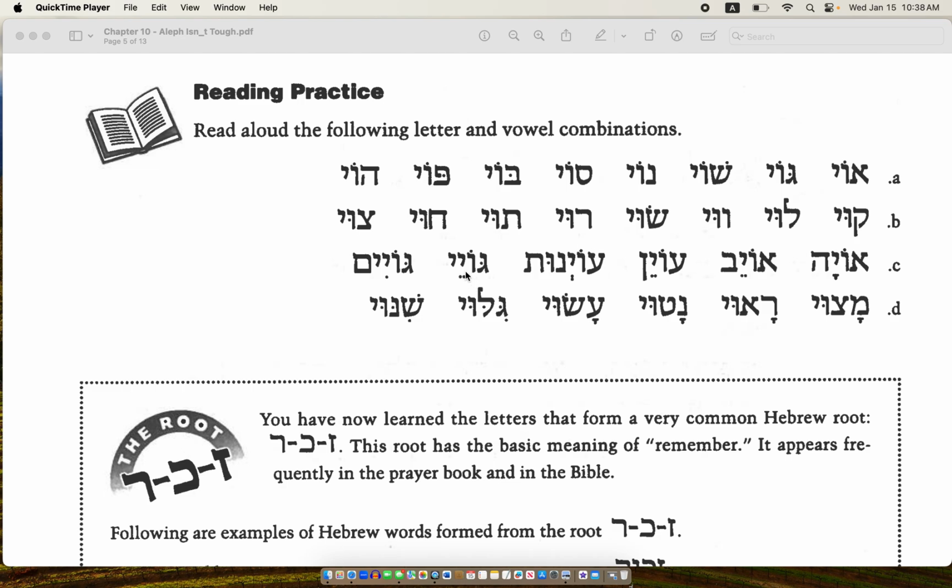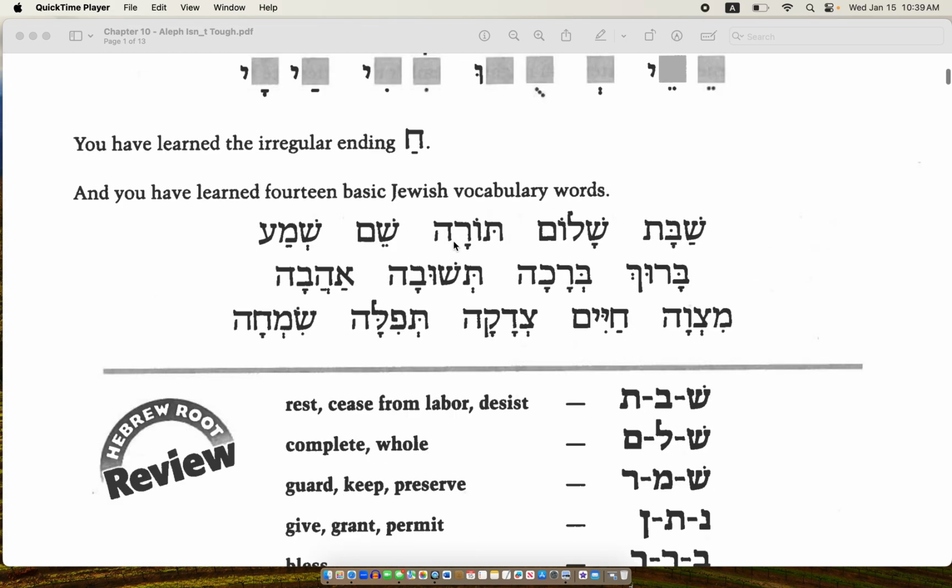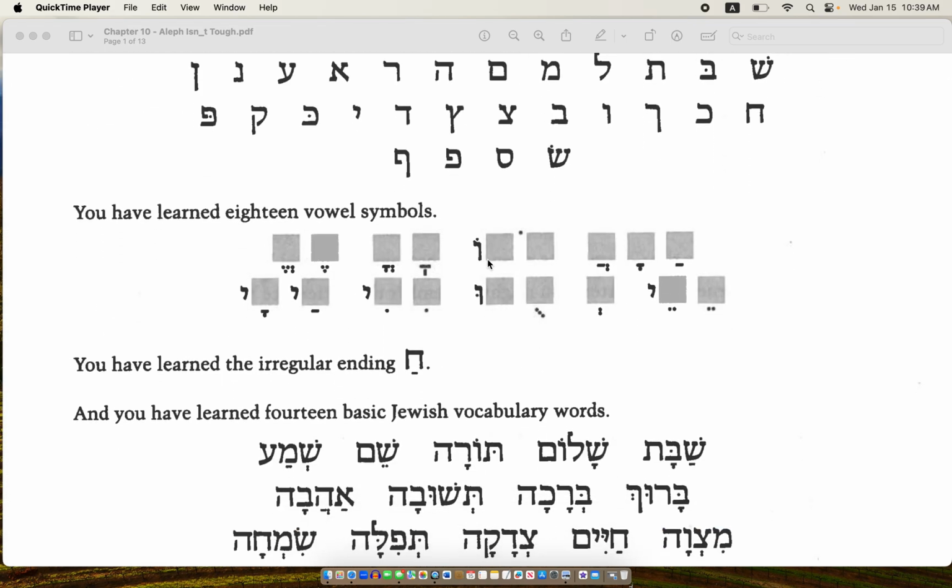And when it comes to goye, it's the rule of this vowel sound followed by a yud. So at the beginning of our chapter, when we were reviewing everything, it is, where is it? This. Because as we remember from whichever chapter this was, I don't recall which one it was. This is the same thing as this. If I put a shin in here, this would be shay, and this would also be shay.